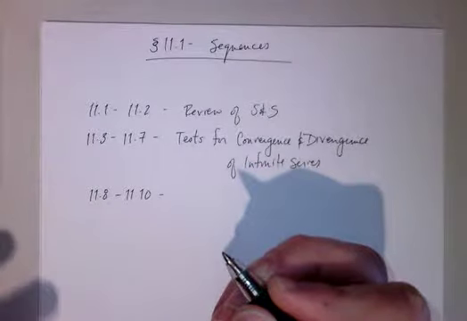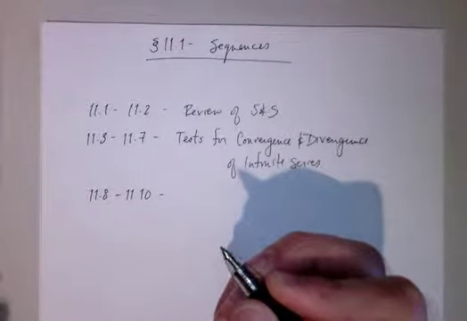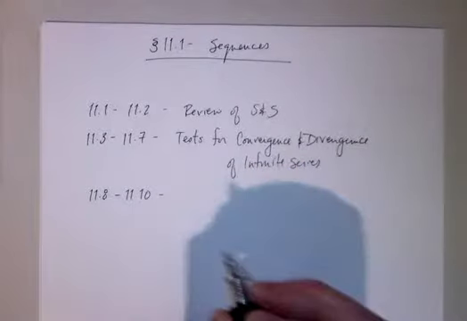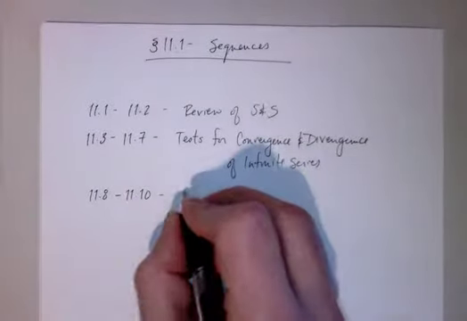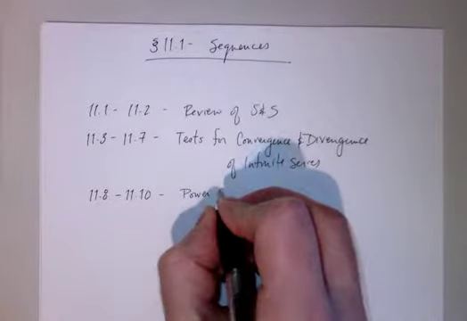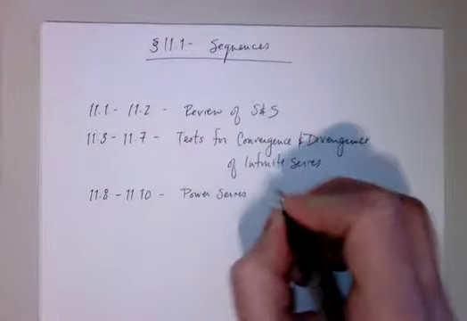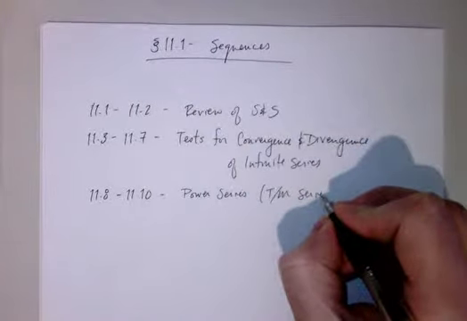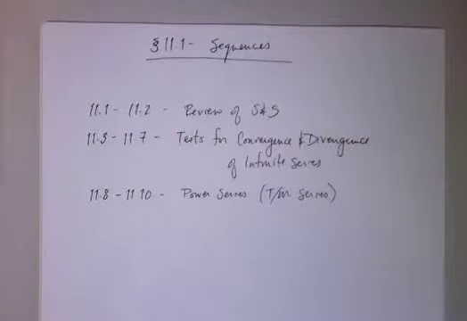They're just one of those application sections in the book that I never really thought was worth doing. I'm hoping that your teacher doesn't do them either. But basically, we have here what are called power series, and sometimes more specifically Taylor and Maclaurin series, and you'll understand what that means when we actually get there.